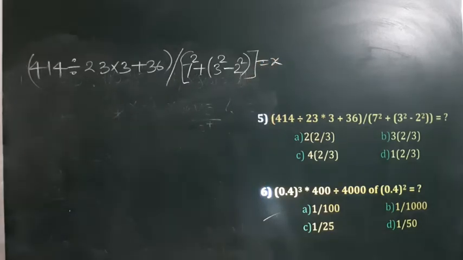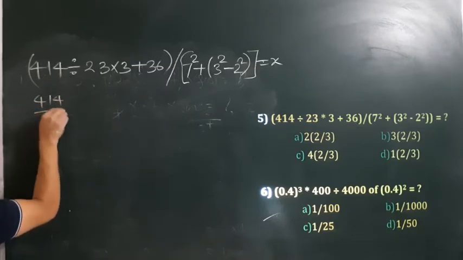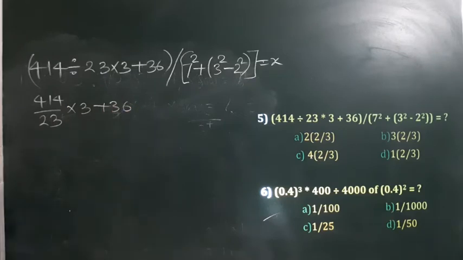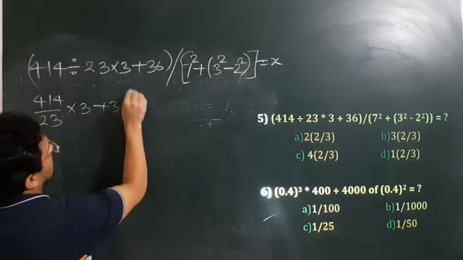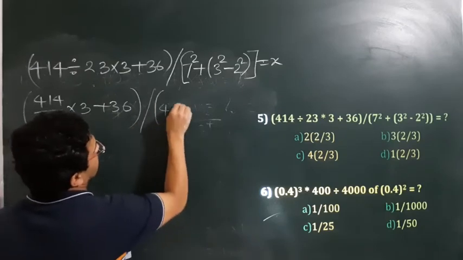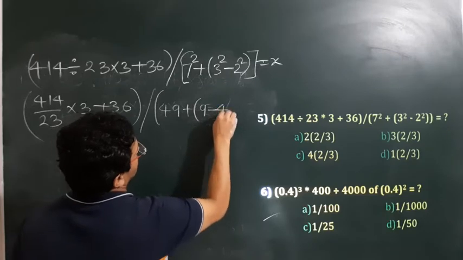This can be written in this format, this whole divided by 7 square which is 49 plus 3 square which is 9 minus 4.